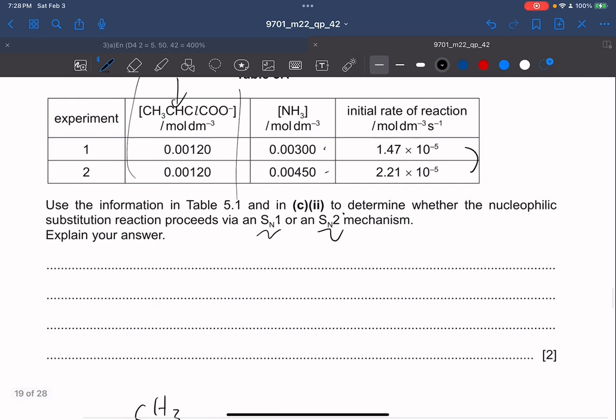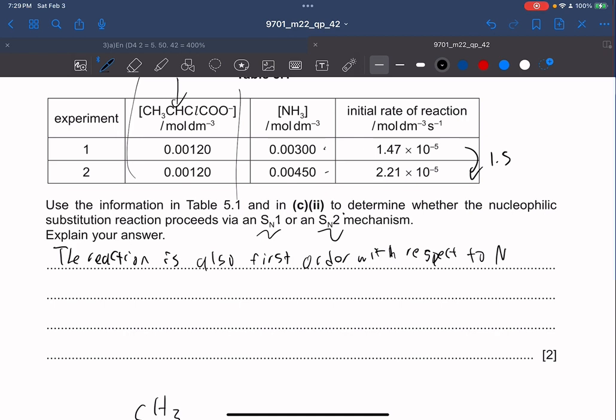So here, if you actually calculate that, sorry, I just want to test this. Yeah, so it is first order with respect to NH3 because when it is increased by 1.5, the rate increases by 1.5 times.